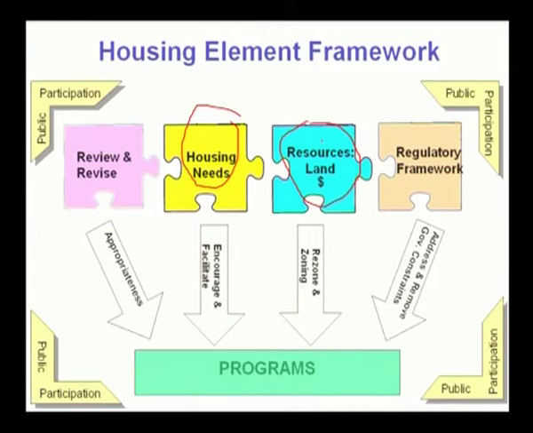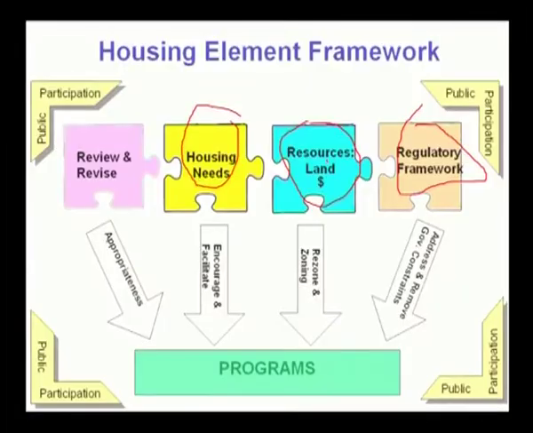Land is already available, because community participation would mostly be done in in situ rehabilitation, which means land is already available, and a regulatory framework which is done by the government. This eventually leads to the development of programs for the community, keeping public participation as a major framework.